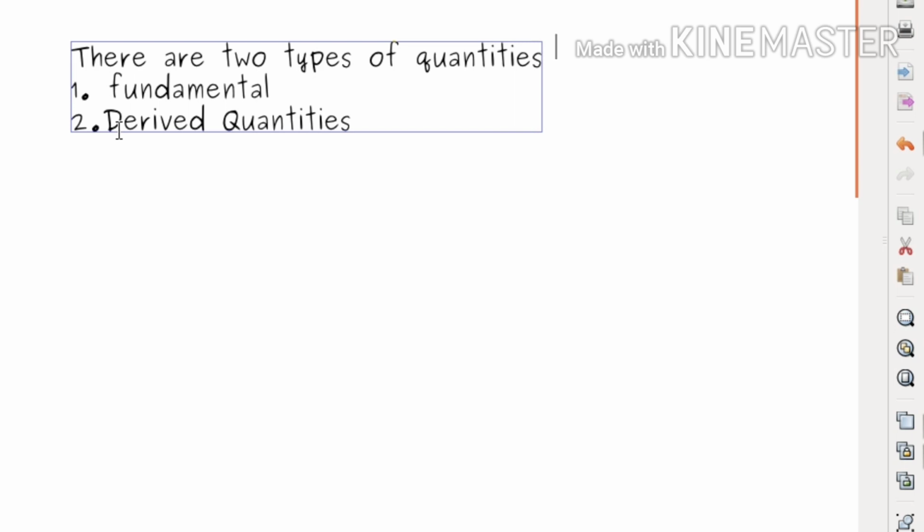Let us take another example, of speed. Okay, let me write it down. Speed is equal to distance upon time.